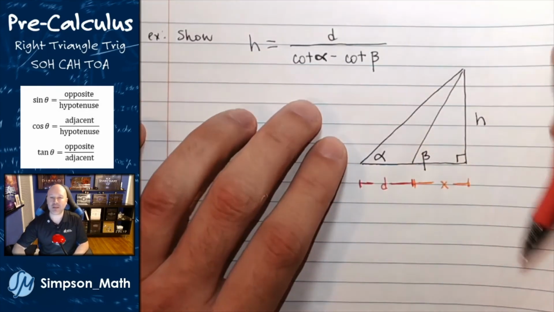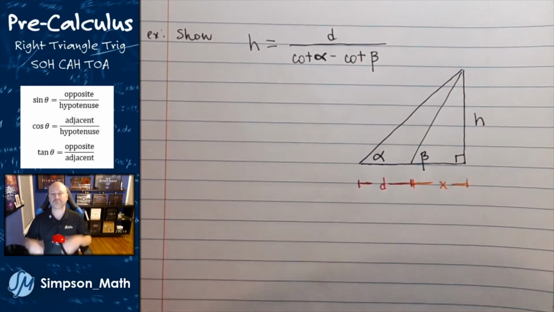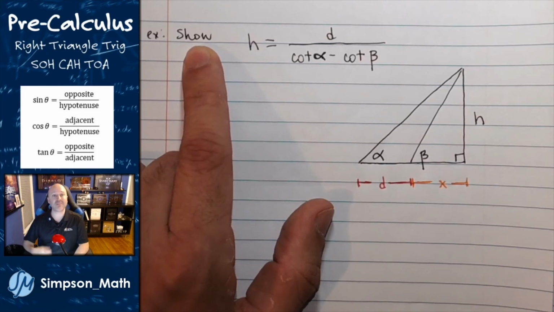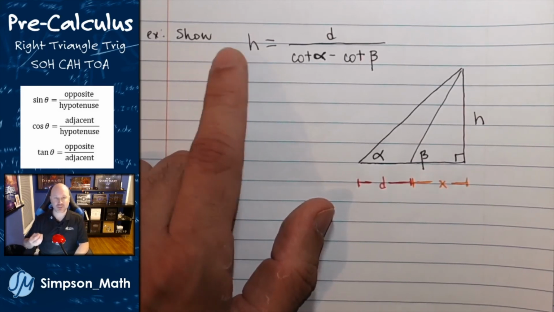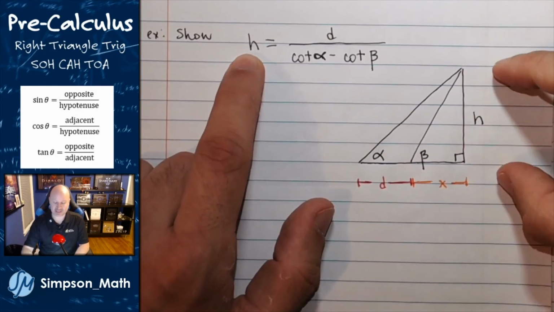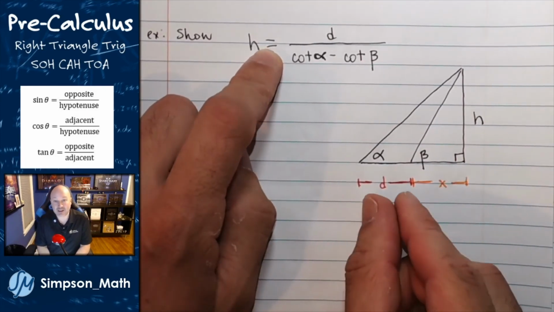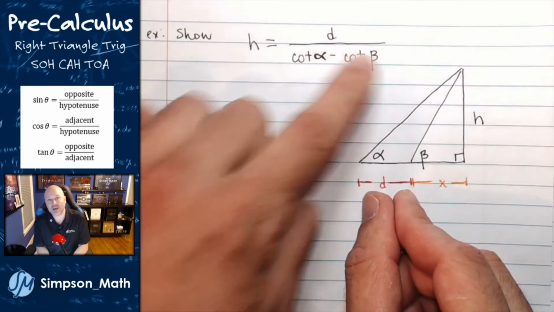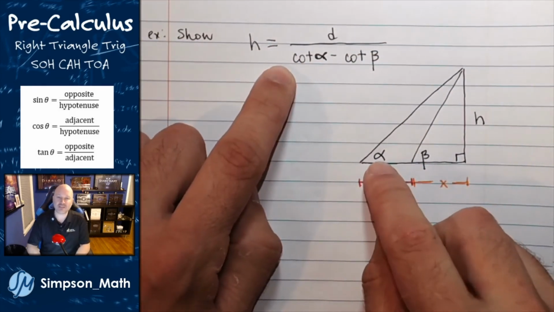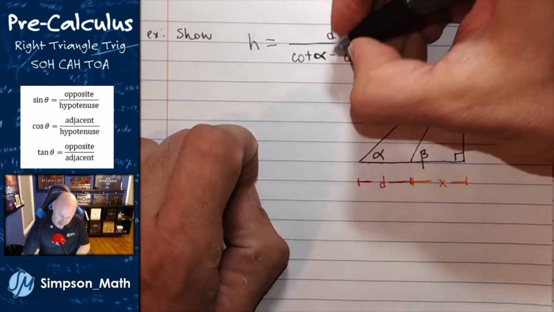And they just happen to be using the same right angle. Cool. And they ask us to show or somehow prove or just make sure this equation holds true that h, the height of this thing, is equal to d divided by cotangent of this angle minus cotangent of this second angle.